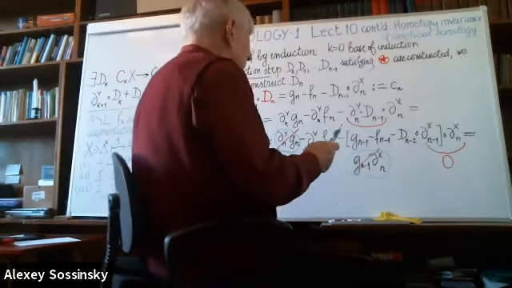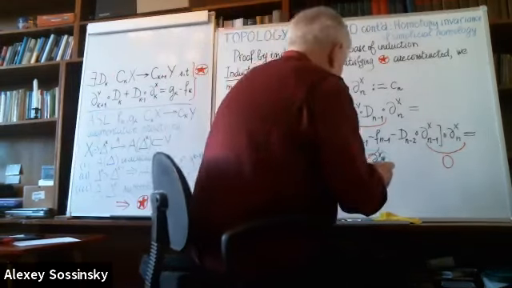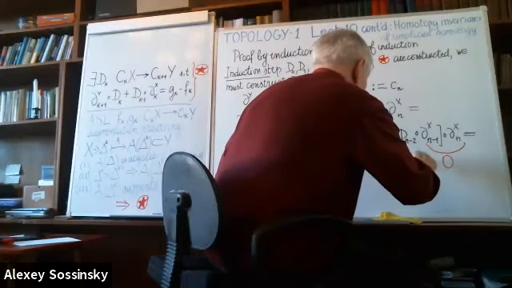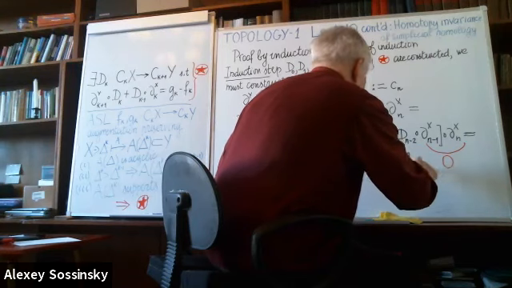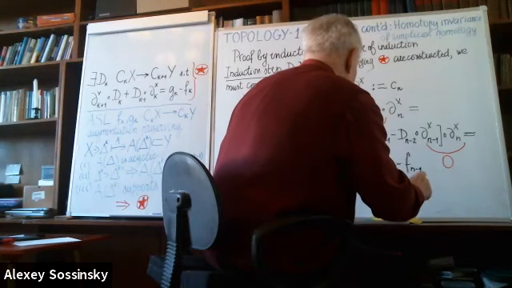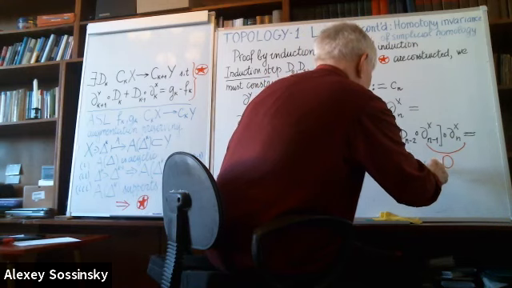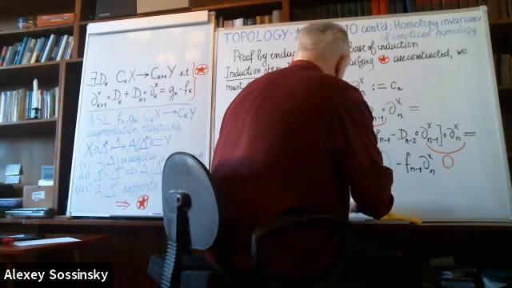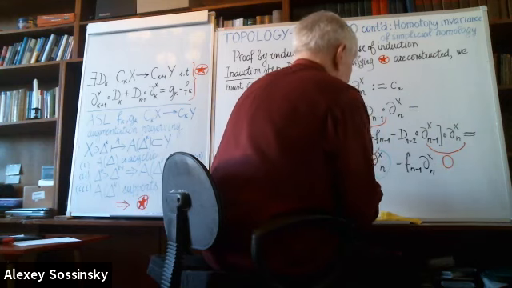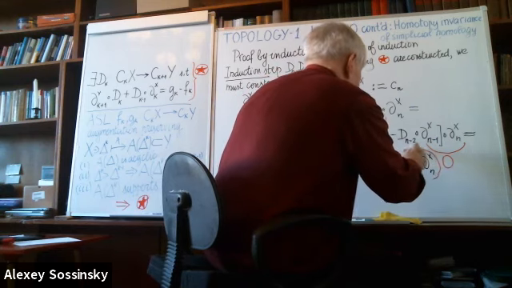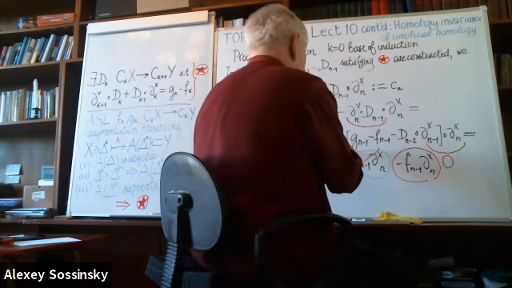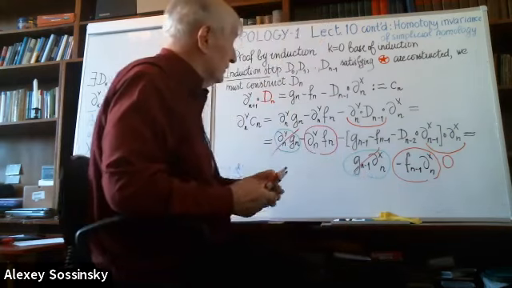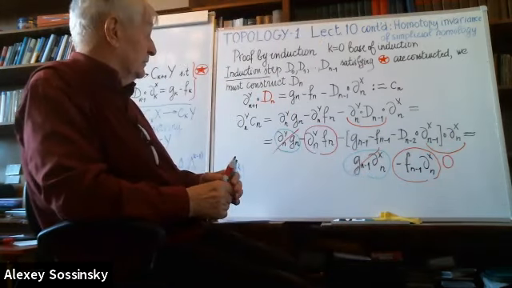Similarly, this expression minus f n minus 1 by d xn will cancel out with this expression, because the other square is commutative.